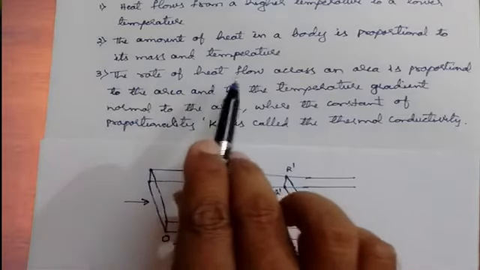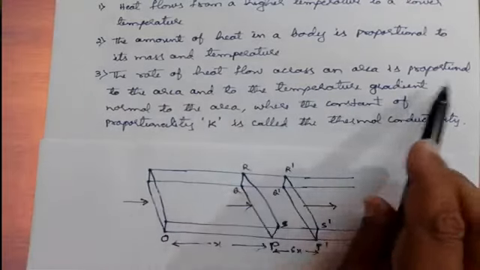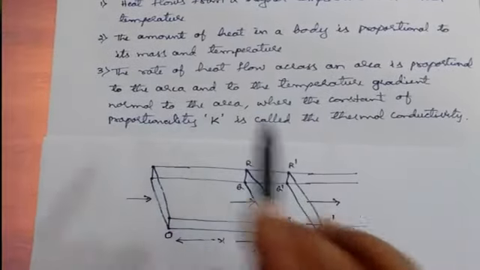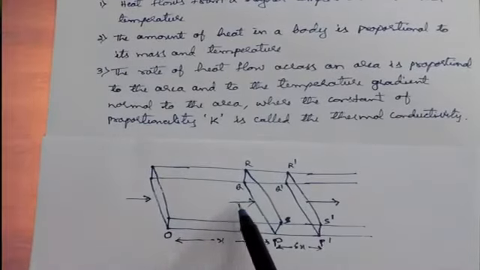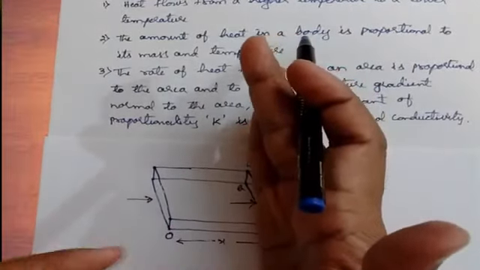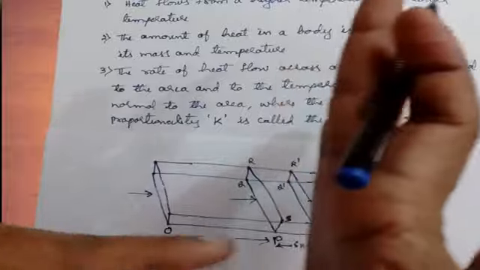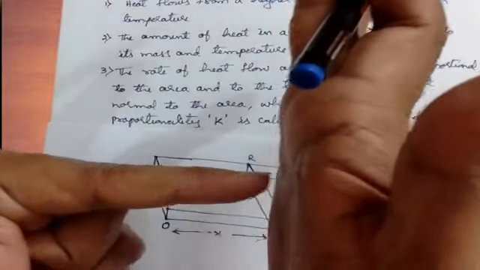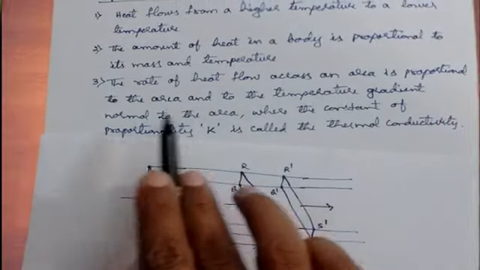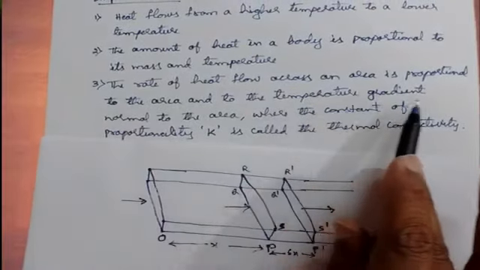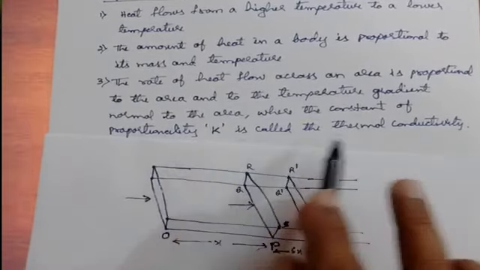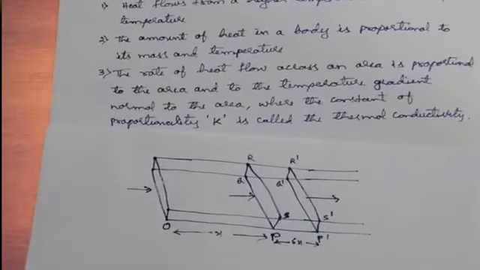And also the rate of heat flow depends upon the temperature gradient, the change in the temperature, normal to the area. The cross section is PQRS, and the heat is flowing from here exactly perpendicular. So heat flows perpendicular to the rectangular slab, and the rate of heat flow also depends upon the temperature gradient normal to the area. And as I told you, K is the thermal conductivity.